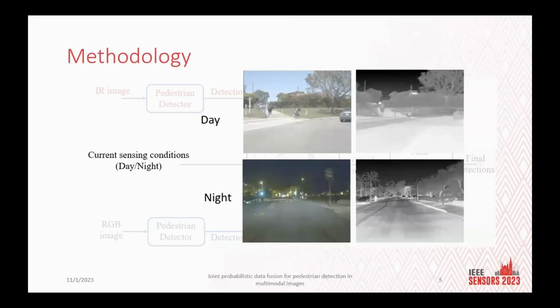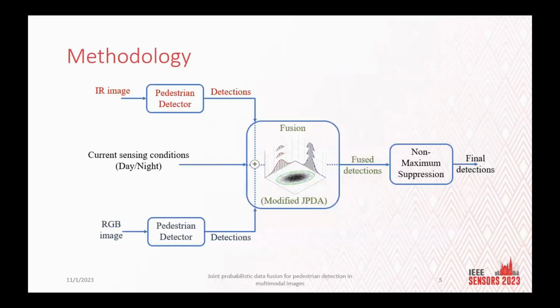You can see there is a pedestrian here, and all of the pixels inside that pedestrian are darker. While on the same day in the evening, because there is no ultraviolet light, you can see that all the pixels inside the pedestrian are lighter. So it's better to take this sensing condition into account for better results.